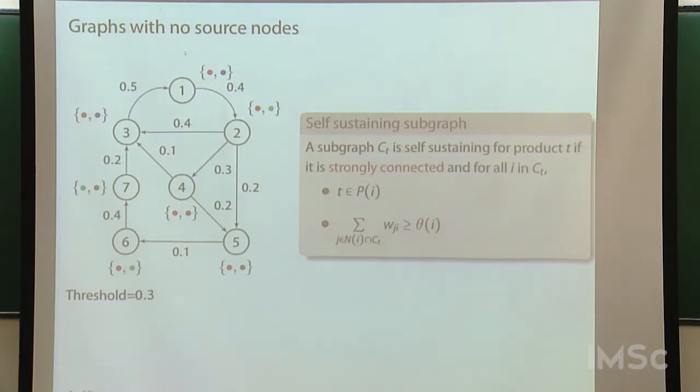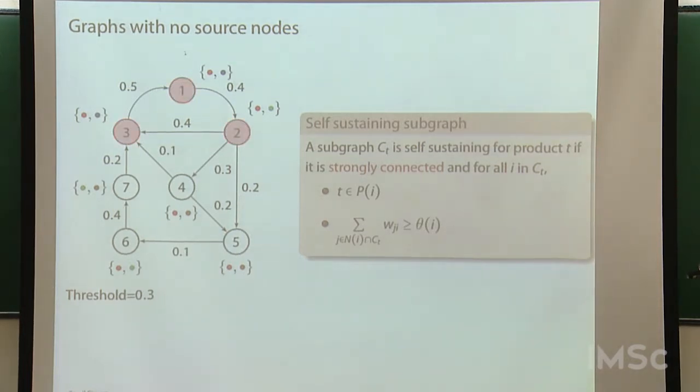If you forget about all the nodes other than what you fixed by the subgraph, okay, and now suppose you assign this product to all the nodes in the subgraph, then none of the nodes here have a negative payoff, okay, in a way that says that this subgraph is kind of self-sustaining for that product, okay. So if everyone in this subgraph agrees to adopt the product T, then no one will get negative payoff. That's what it says, okay.